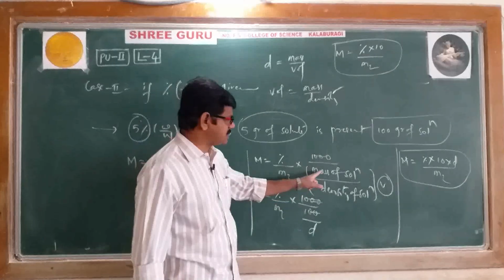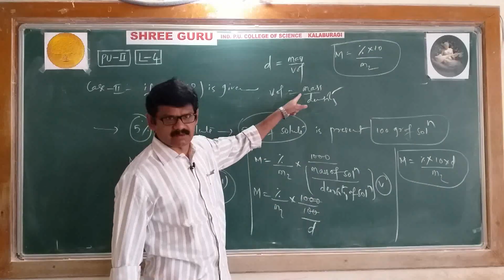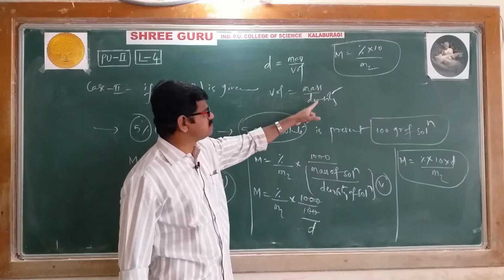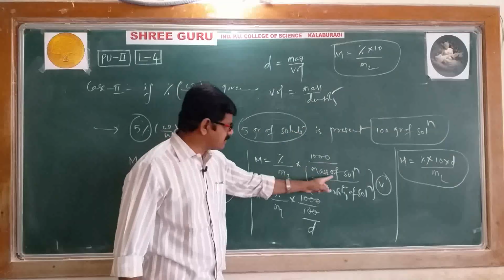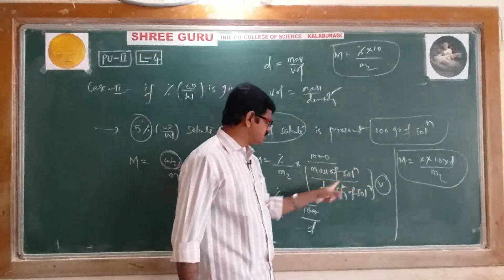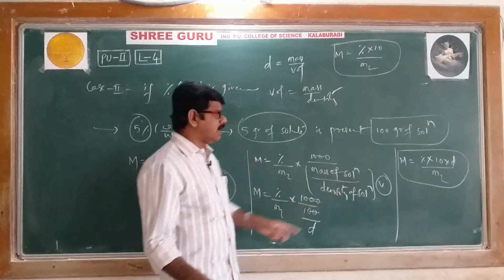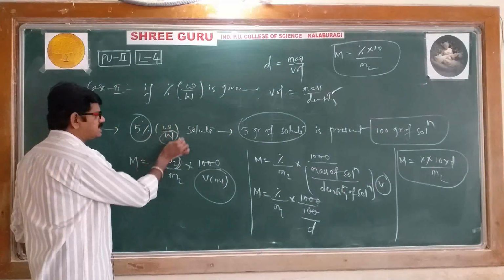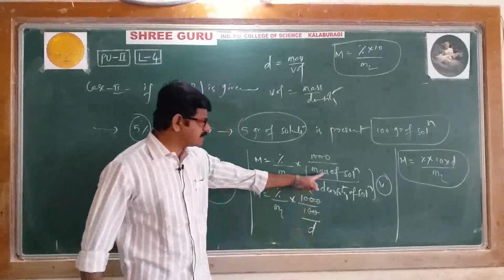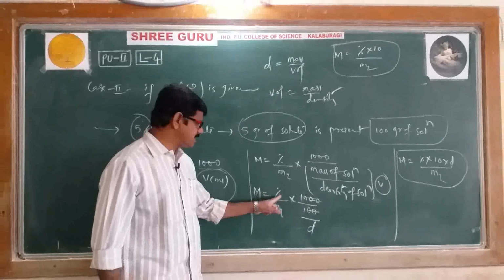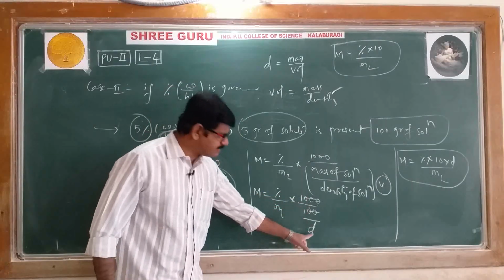Instead of volume of solution we write mass by density, because volume is nothing but mass by density. That is mass of solution by density of solution. The mass of solution is available, since it is W by W and the denominator W is the solution mass: 100 grams. Therefore, percentage divided by M2 into 1000 divided by 100, again divided by density.